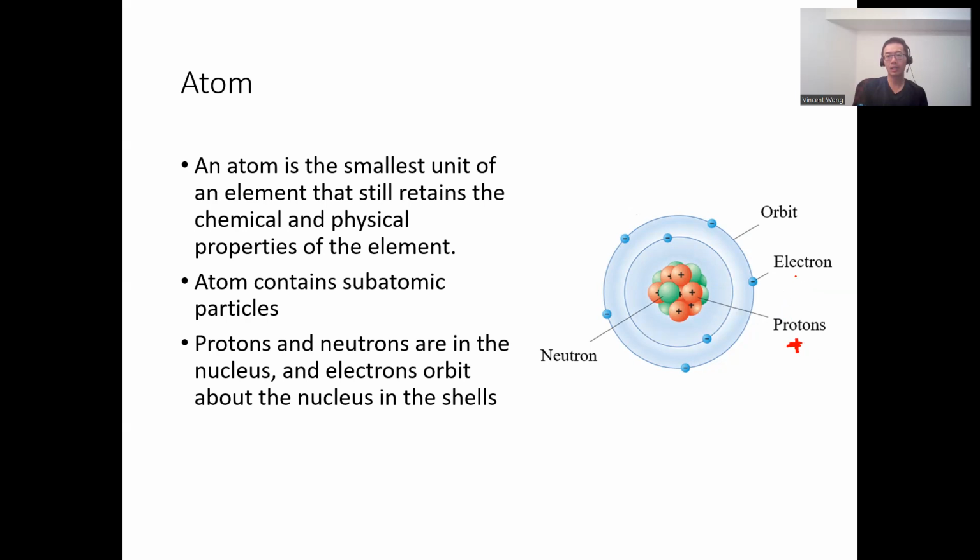Then electrons go around the nucleus, just like planets going around the sun. These are negatively charged. And we have neutrons, which have no charge. Protons and neutrons come together to make the nucleus in the middle, and then you have the electrons flying around the nucleus in orbits. So that is your typical atom.